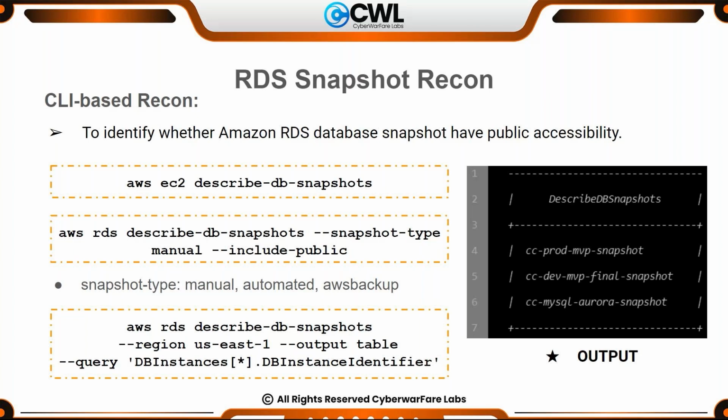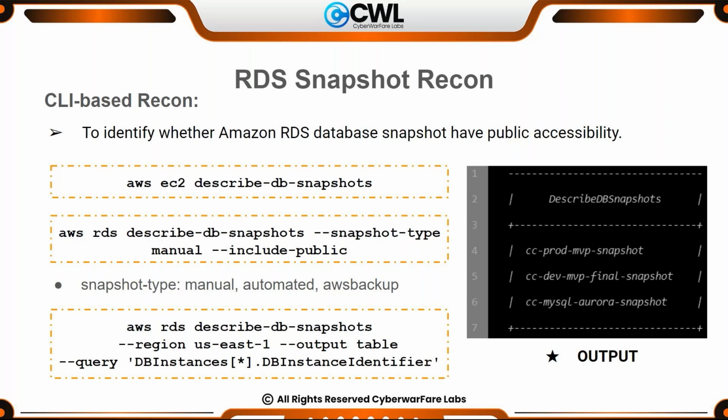The second command here is to check for the snapshots with the snapshot type as manual. And also we are including public. We are searching for some publicly available RDS DB snapshots in our search.